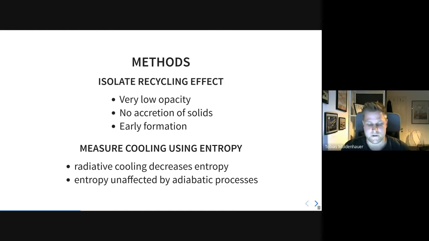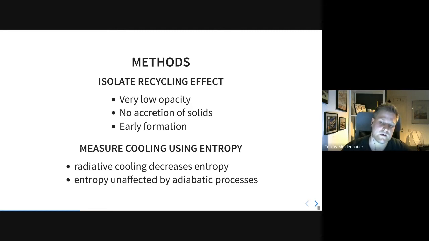And another important thing to note is that in order to measure the cooling rate, we use the entropy and not the temperature, because entropy only decreases, well, of course, unless you have shocks, but in the atmosphere we don't have shocks.